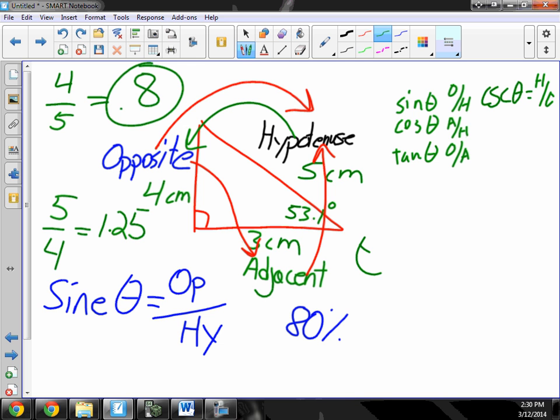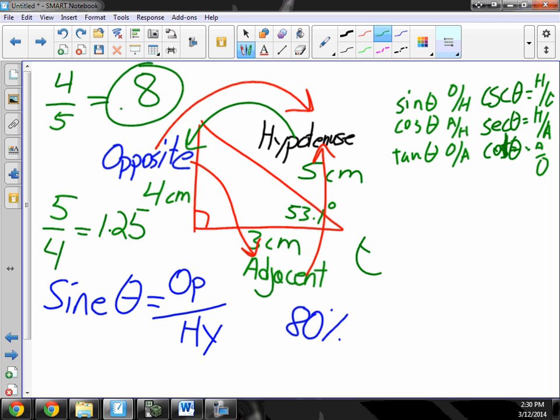So not the inverse, but the reciprocal of cosine is, what's its name? The secant of theta is H over A, and the reciprocal of tangent, cotangent of theta, which is A over O.